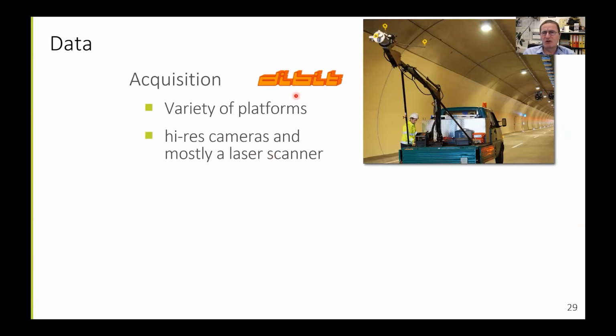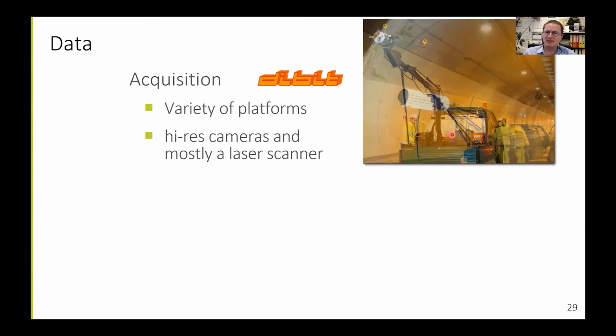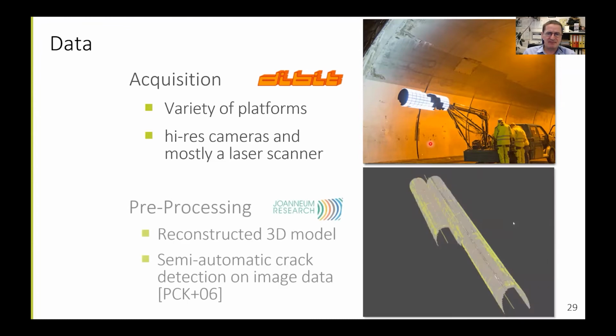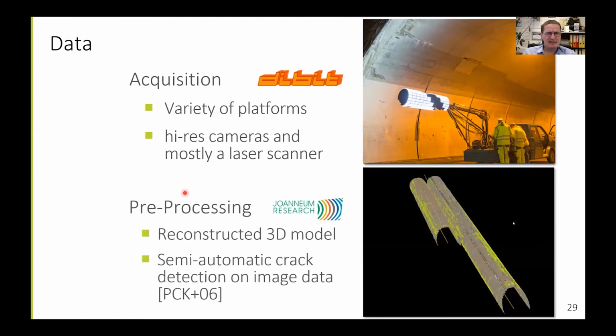There's a company involved that is capturing this data, and there are various special purpose setups with lighting situations to capture the data. After the data capture, some pre-processing is done and a 3D model of the tunnel is reconstructed, and there have been at least semi-automatic approaches to detect the cracks on the imaging data.